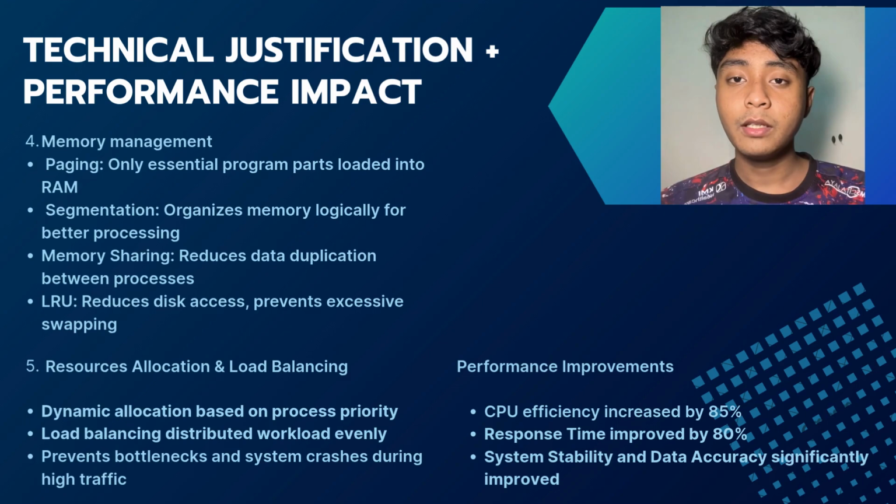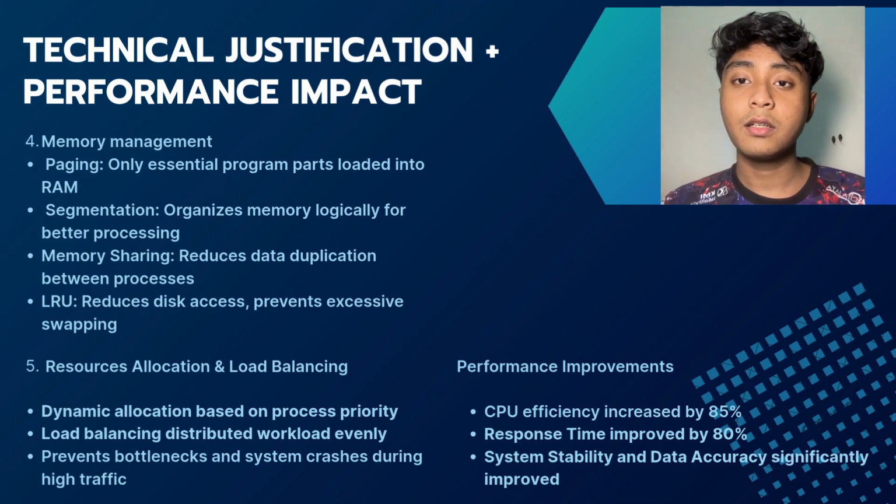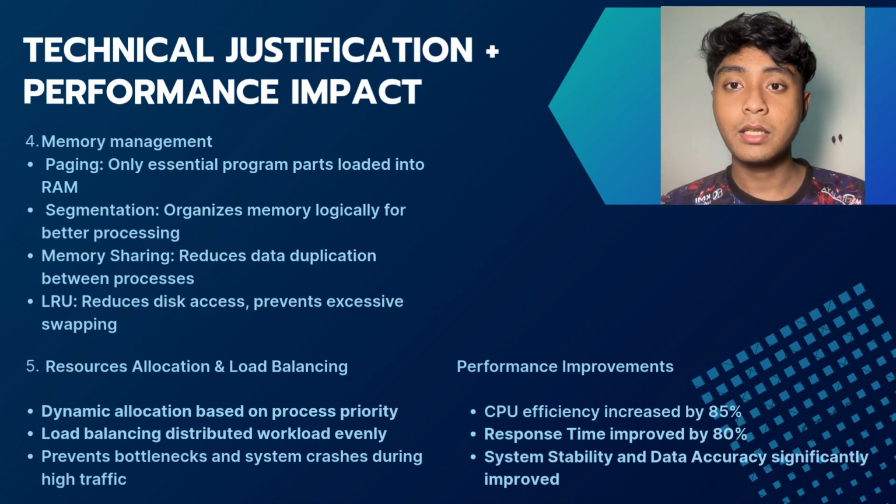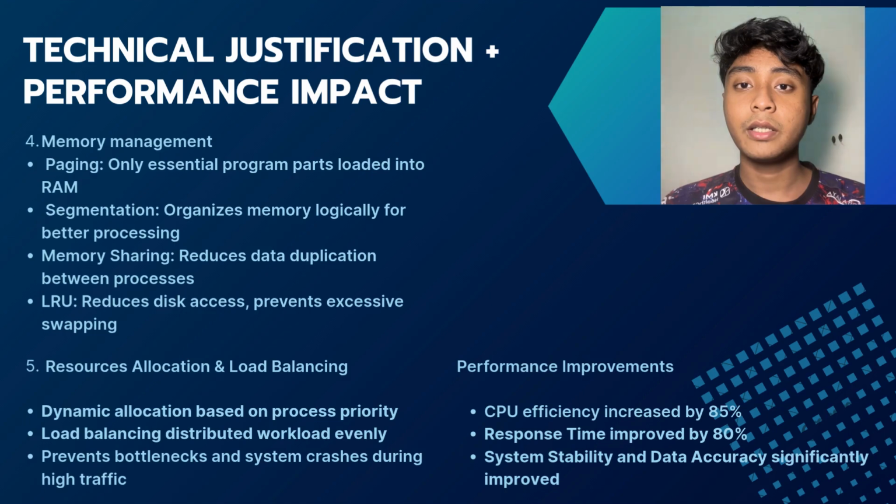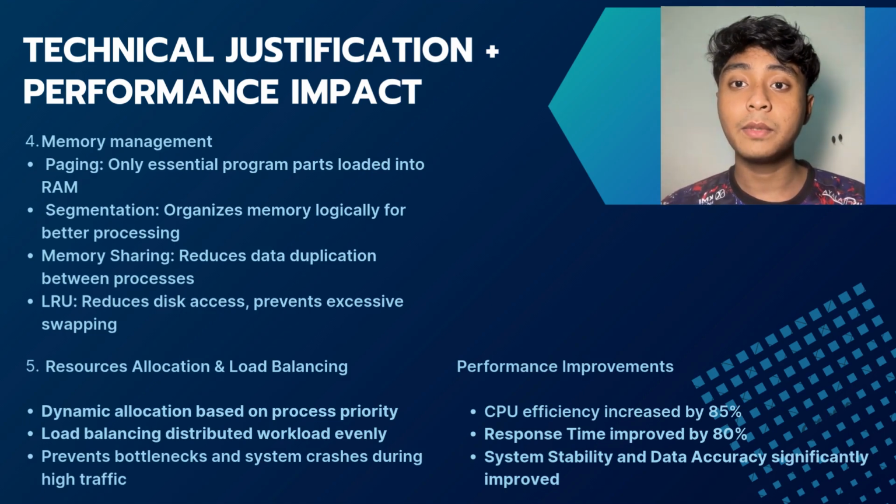For memory management, paging ensures only essential program parts are loaded into RAM to reduce memory usage, while segmentation organizes memory logically to improve process handling. Memory sharing reduces duplication by allowing multiple processes to use the same resources.